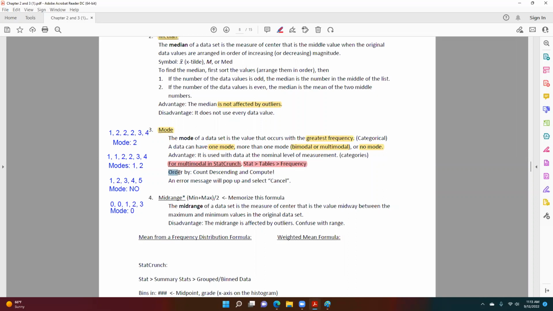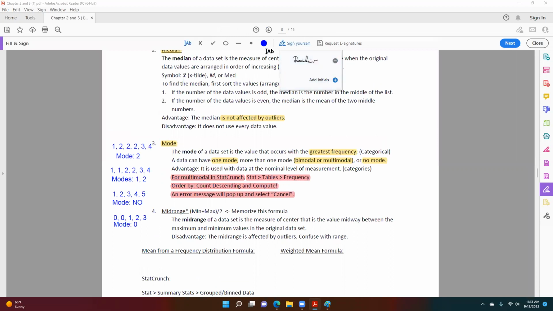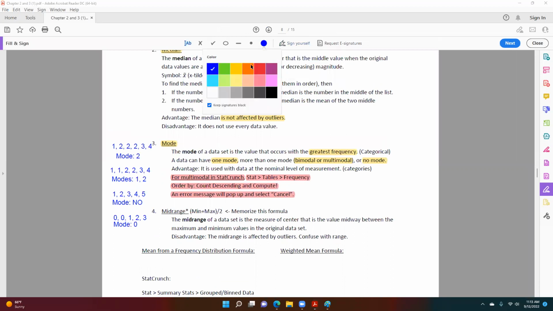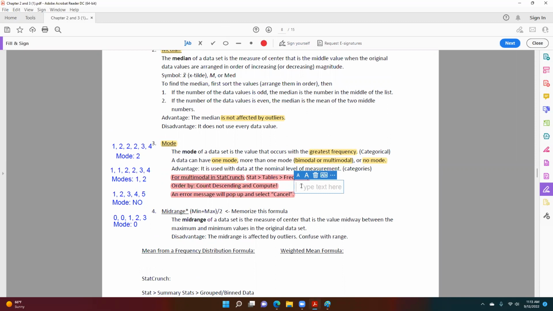Then you order by count, descending, and compute. If an error message pops up, you just hit cancel. So this is how you will find modes when they are multi-modal in StatCrunch.